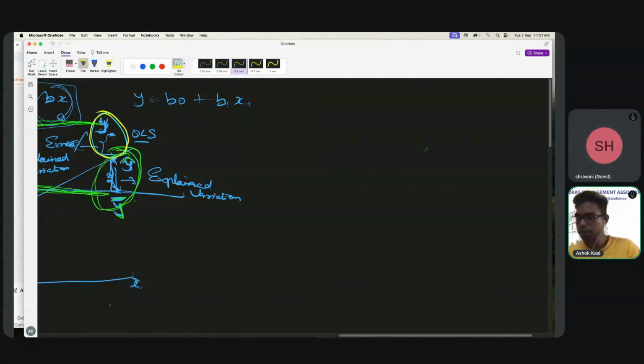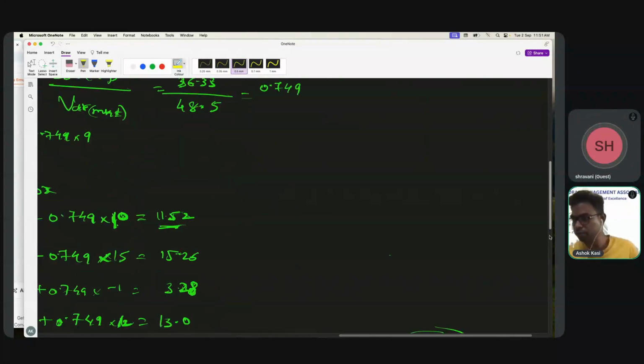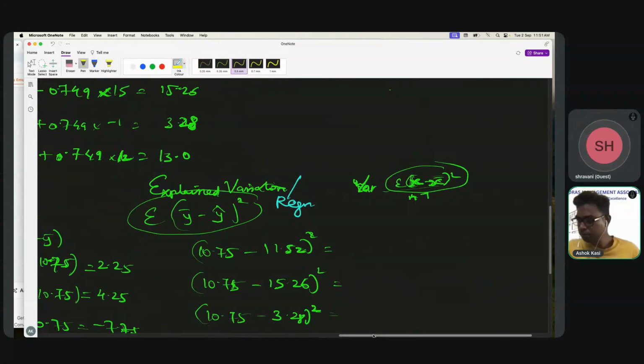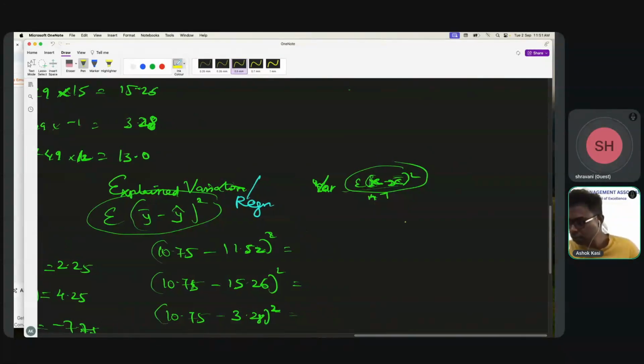See, you take y hat minus y whole square or y minus y hat the whole square, it's one and the same, because we are squaring, so we don't have any minus problem there. So here I'll write y hat minus y the whole square.